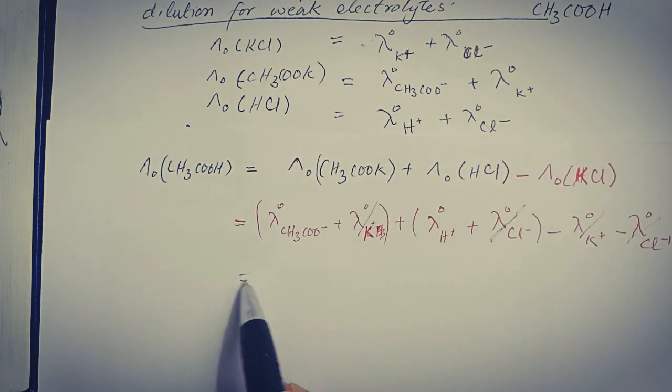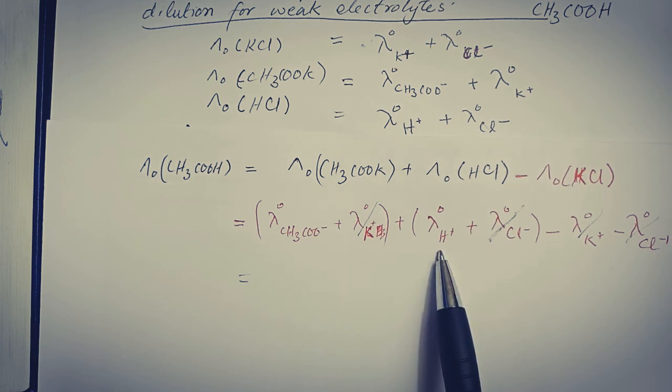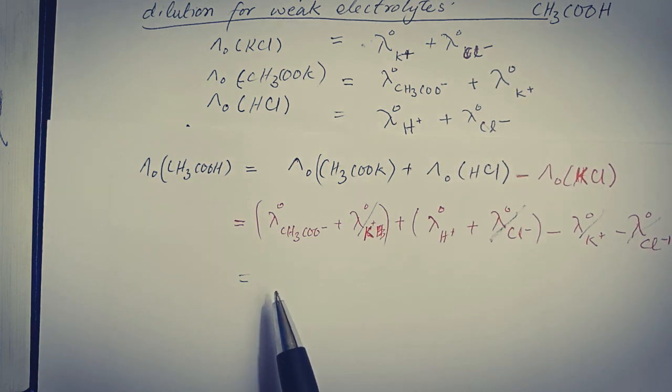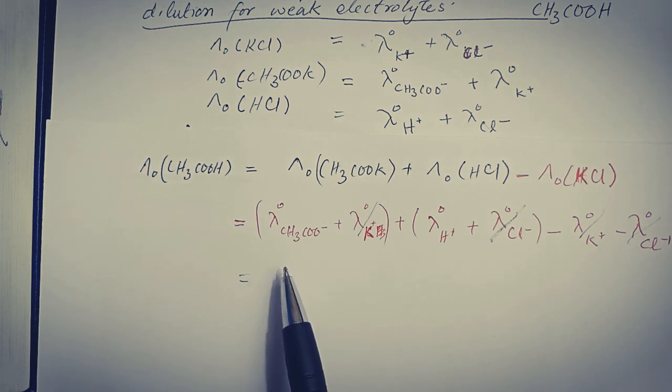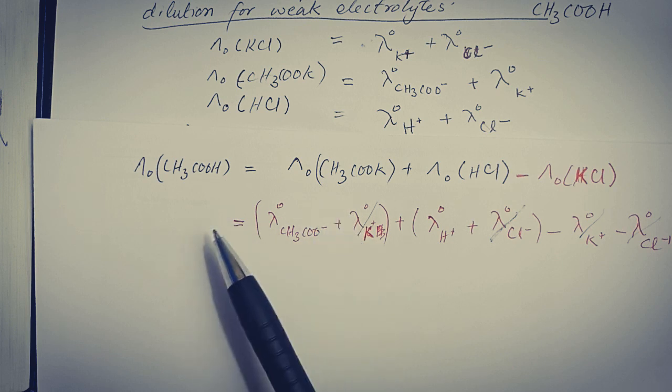So overall we have the contribution of the ionic conductance of acetate and hydrogen ion. In this way we can calculate the equivalent conductance of weak electrolyte from the indirect method by measuring the equivalent conductances of the strong electrolytes containing the ionic species which are common for the weak electrolytes.